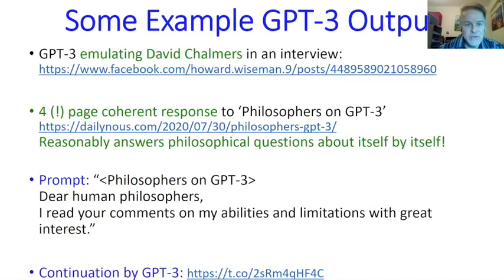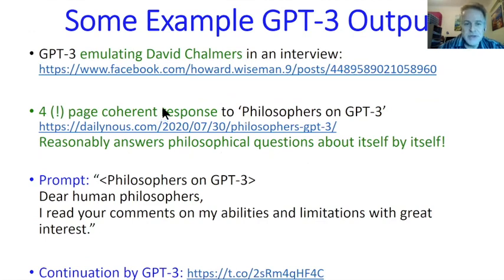What I found particularly funny is the emulation of David Chalmers, and maybe he later tells us whether he finds this emulation quite realistic or not, and whether he can be substituted soon. But the most impressive thing was a discussion among philosophers, including Devitt, on GPT-3, and then GPT-3's response.